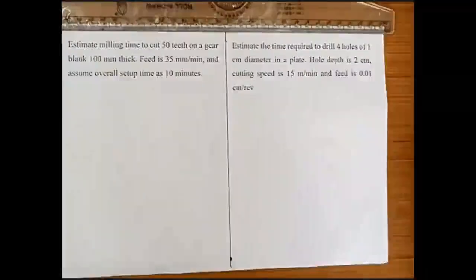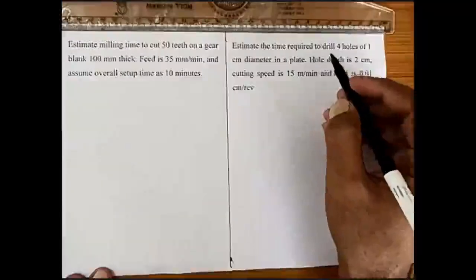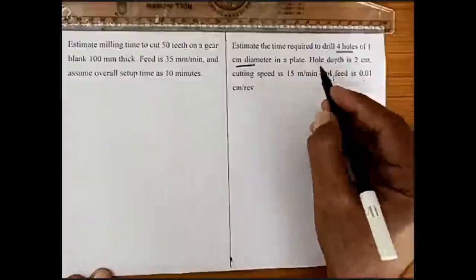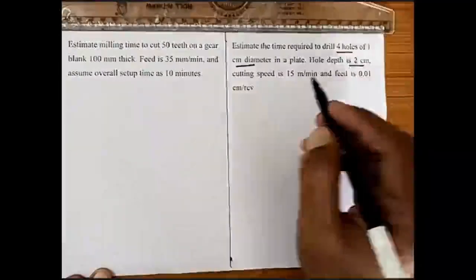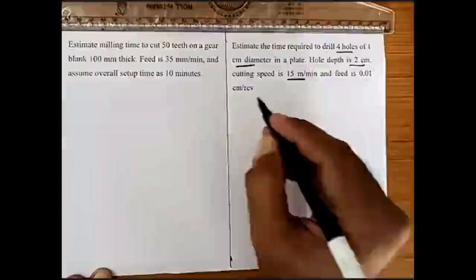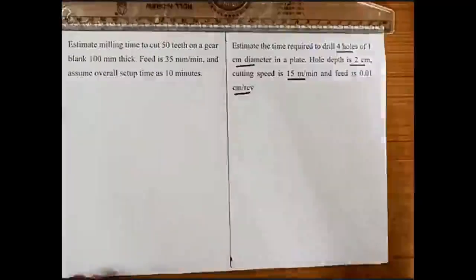First we solve the drill operation right side example. Estimate the time required to drill 4 holes, 1 centimeter diameter, hole depth 2 centimeter, the cutting speed 15 meter per minute and the feed 0.01 centimeter per revolution.